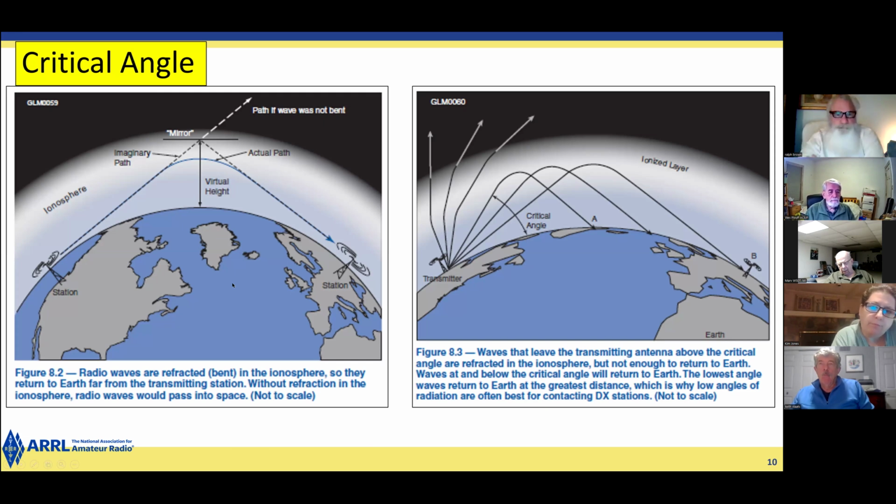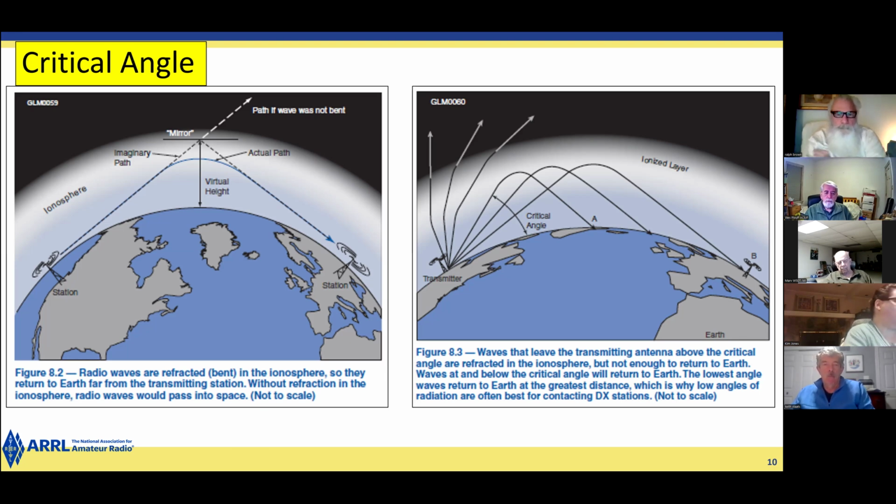On the left here, if you look at the path from point A to point B on the globe, the solid blue line shows that the radio signal that leaves the transmitting station at a certain angle is bent through the ionosphere and back down to where it hits the Earth, where the receiving station can hear it.